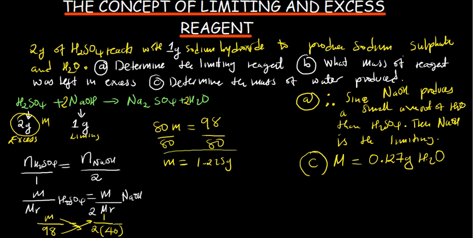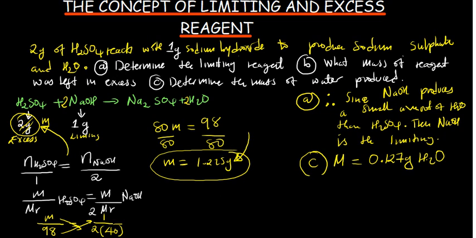So you see, the mass that is going to react in this reaction is smaller than the mass that is given. Every time the mass that is going to react is smaller than the mass given, meaning that that reagent is in excess. The mass that you have is more than the mass that is going to react.